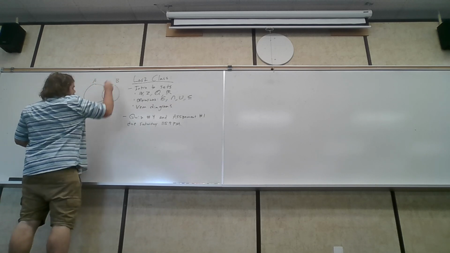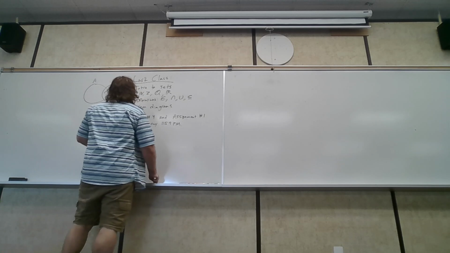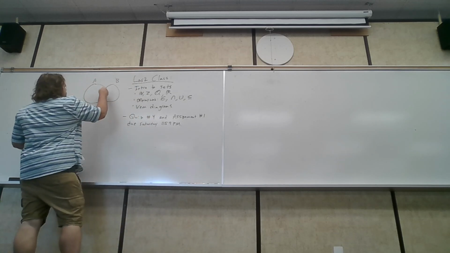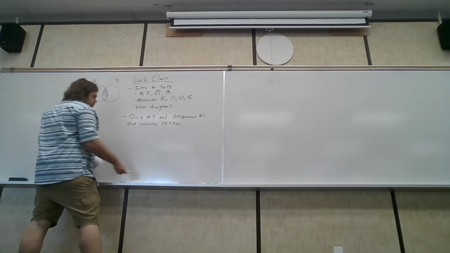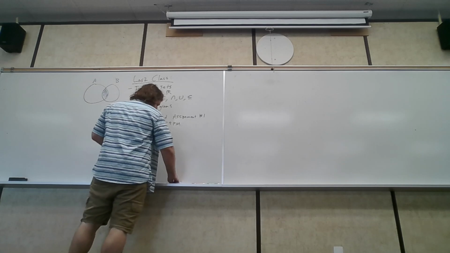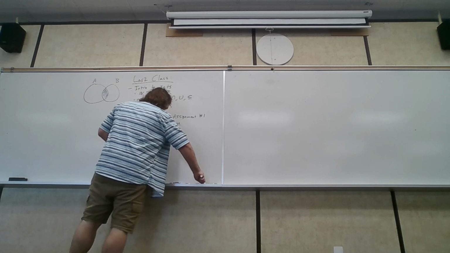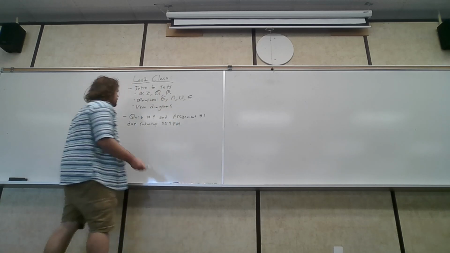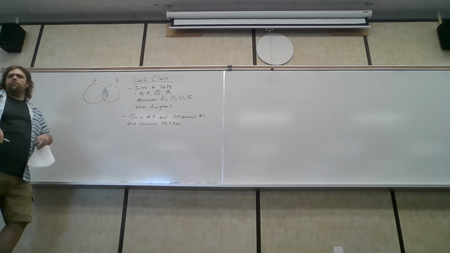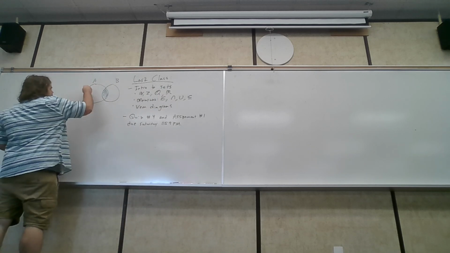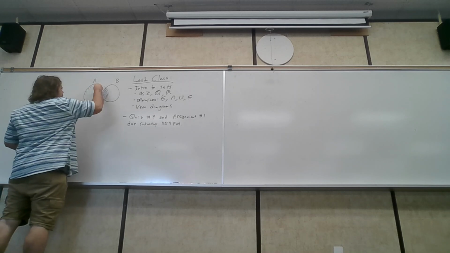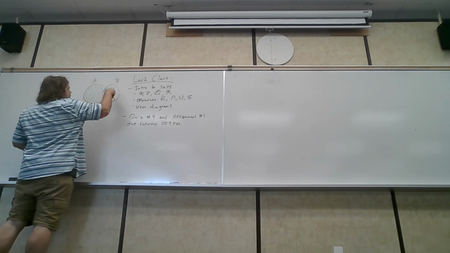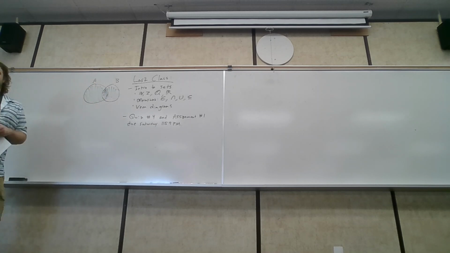A, B. So intersection is this piece here, right? Where they overlap. What do they have in common? And then the union is just dump it all together, right? It's just dump it into a single bag. Like that, right? So that would be the union.